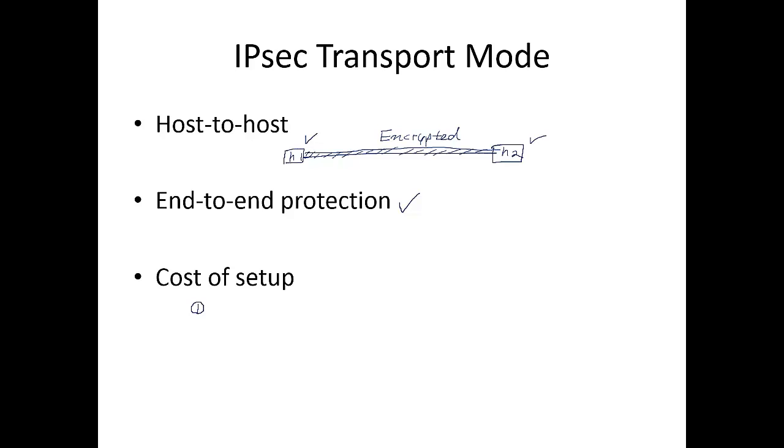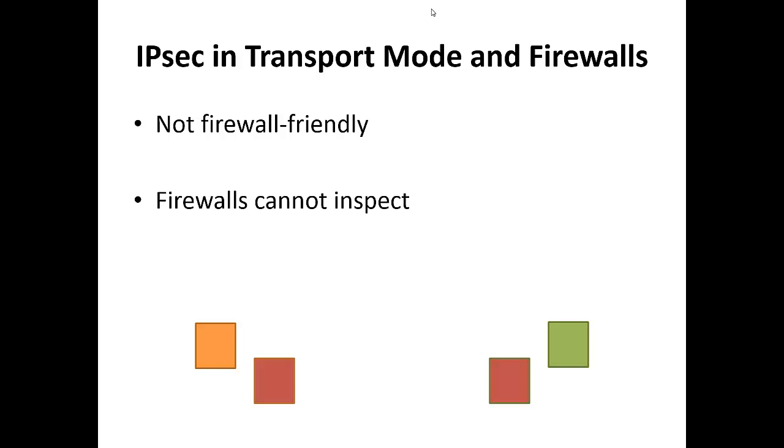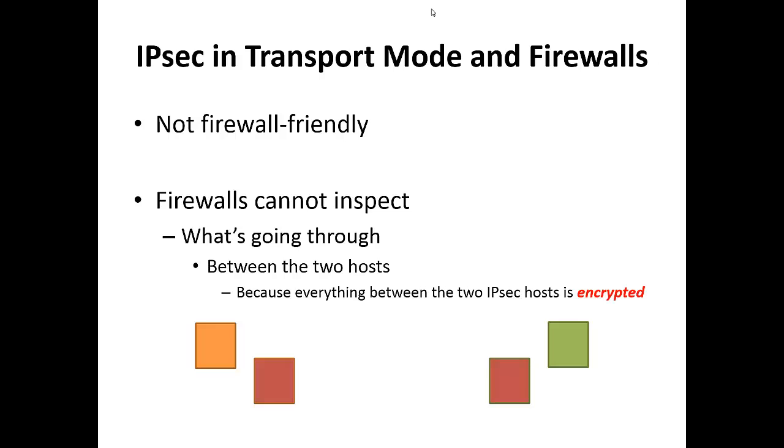So the cost of installation of the software and also the maintenance is overwhelming. Another thing about IPsec in transport mode is that it's not really firewall friendly, because firewalls cannot inspect what's going through between the two hosts, because everything between the two IPsec hosts is encrypted.